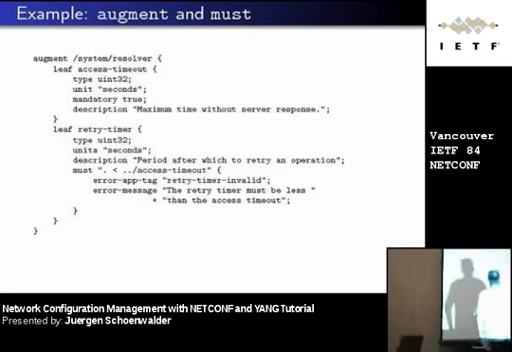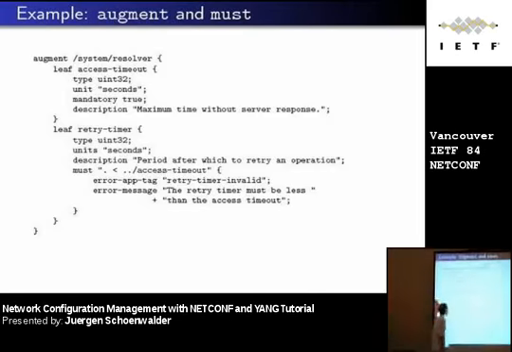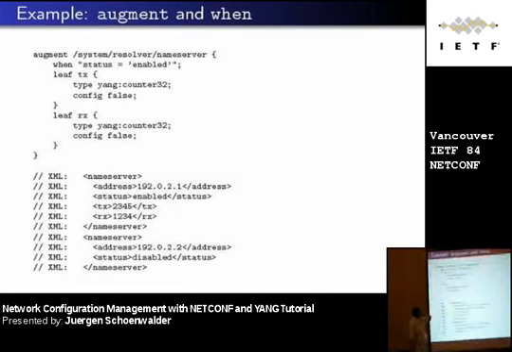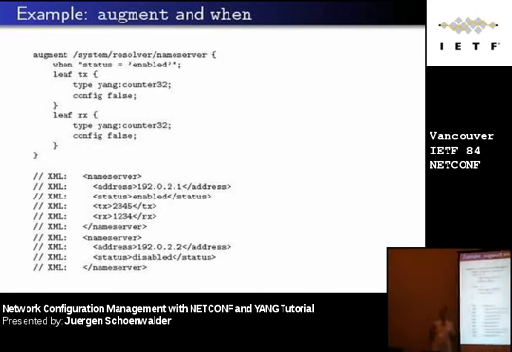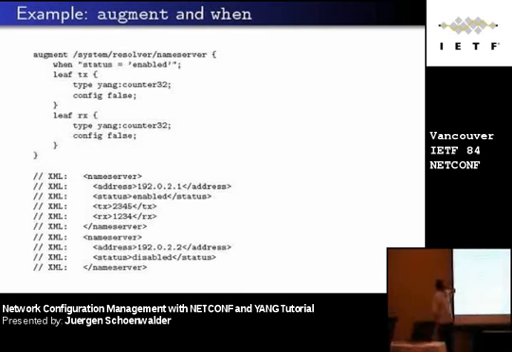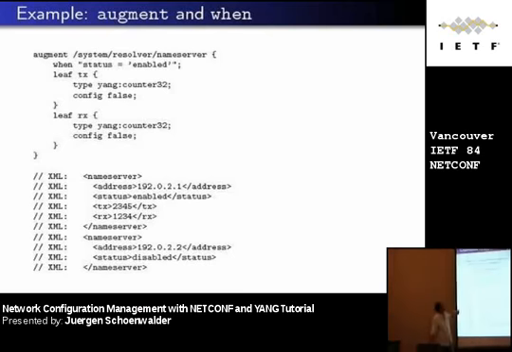Here's an augment and when. So I'm augmenting the system resolver name server with a list of name servers that I have. I want to count the number of DNS queries sent and responses received. So I put in two leafs, transmitted and received, counters of 32 bits, config false, operation is probably read-only. But I only want to have those counters if the name server is actually enabled.